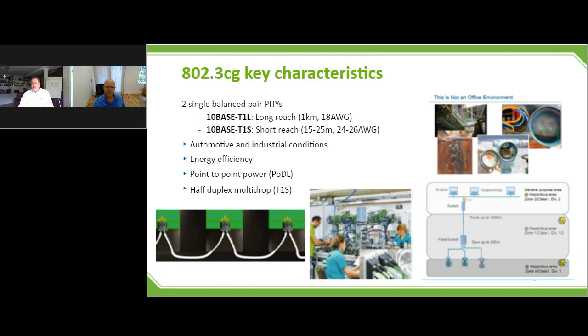Specifically, let's talk about one of the projects that you led, the 802.3 CG single pair Ethernet. How did the industry bring the requirements into the 802.3 working group and encourage the start of the standardization activity of the single pair Ethernet?